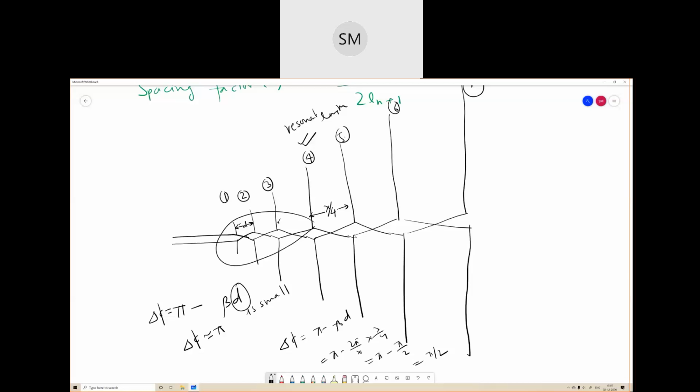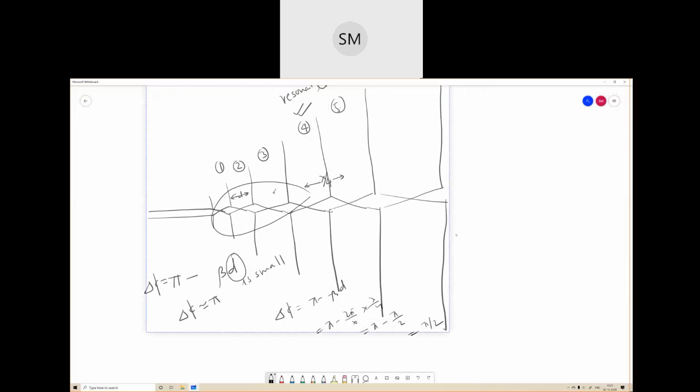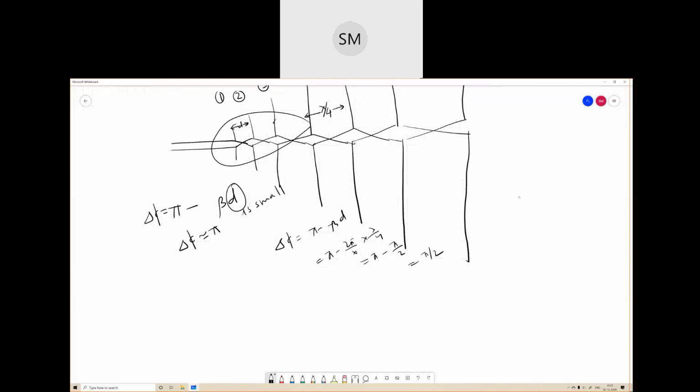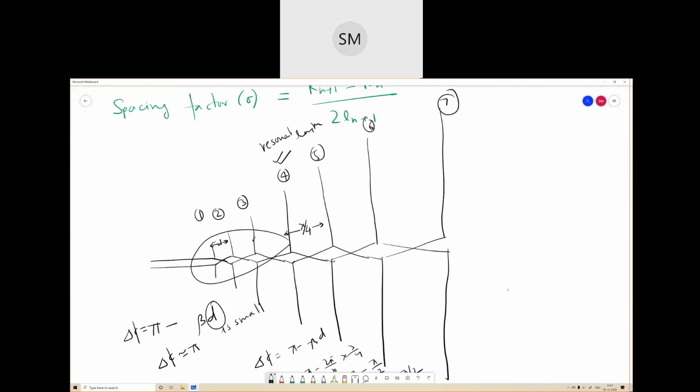Second thing is that, see here, since this element is inductive, there is hardly any wave propagation in this region. Why? We will show it when we discuss the transmission line equivalent of this antenna. So they too do not contribute.